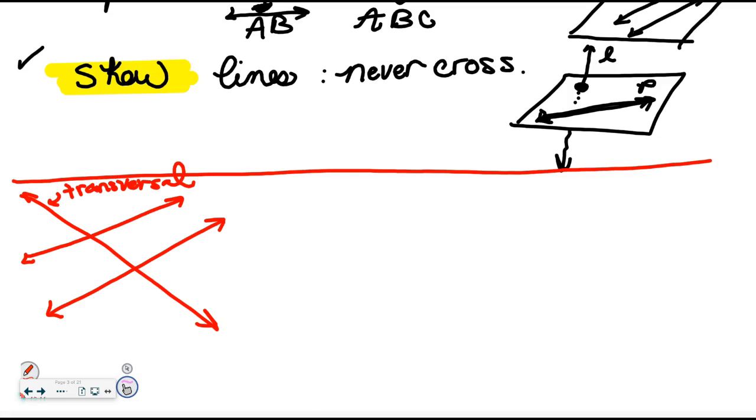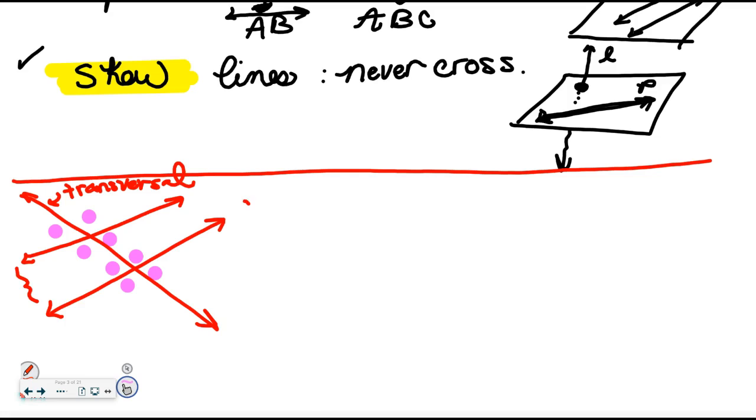Now take a look up here. On this slicer, I've got 1, 2, 3, 4, 5, 6, 7, 8 angles. Do you see all those purple dots? They get special names. The ones smashed between here, because they're inside those two lines, they have the word interior in them.